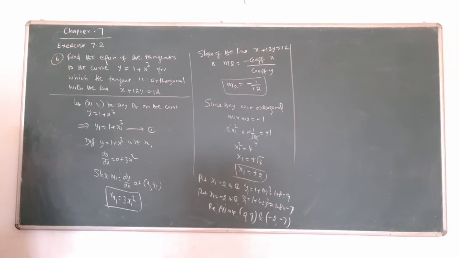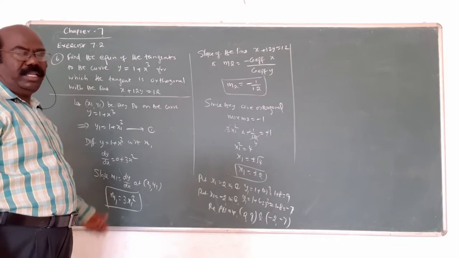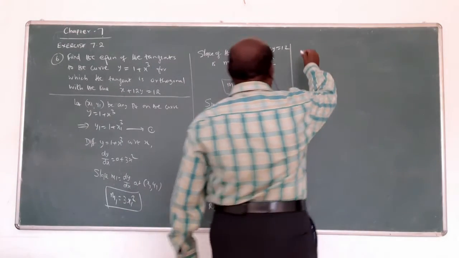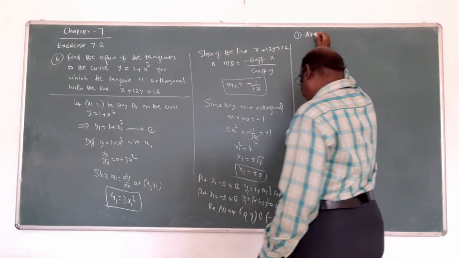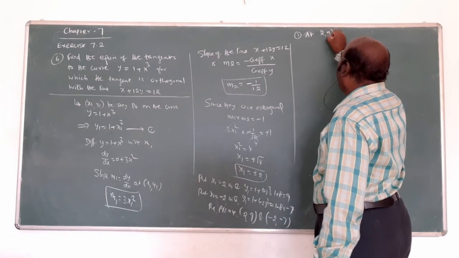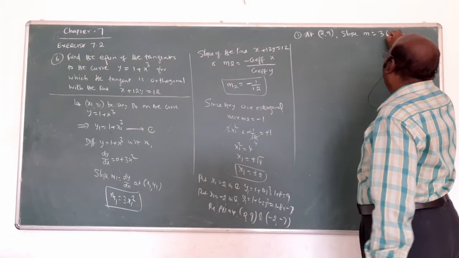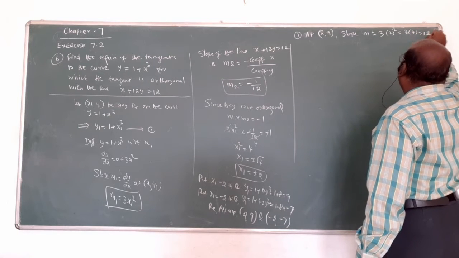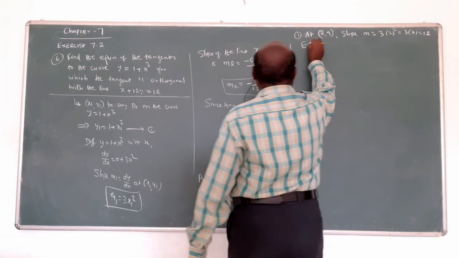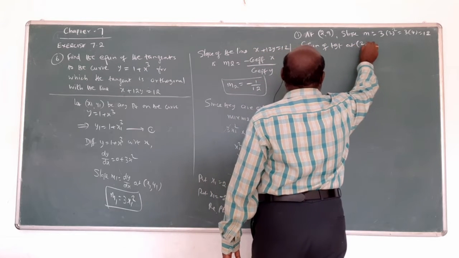Next one also, the point is minus 2, minus 7. The next slope is also 12. Therefore, at the first one, 2, 9, the slope m is 3x square, 3 into 2 square, 3 into 4, that is 12. M is 12.